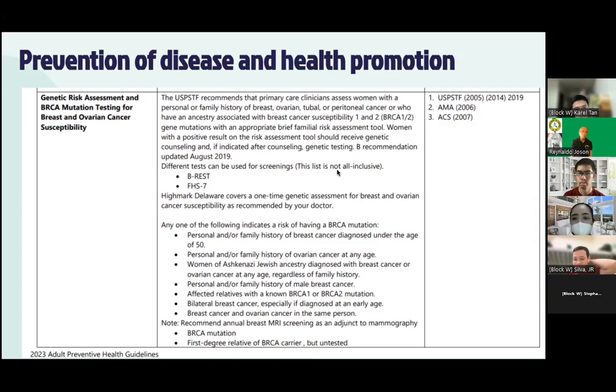And also, it should be noted to recommend annual breast MRI screening as an adjunct to mammography for those with BRCA mutation and those with first degree relative of BRCA carrier but untested before po.